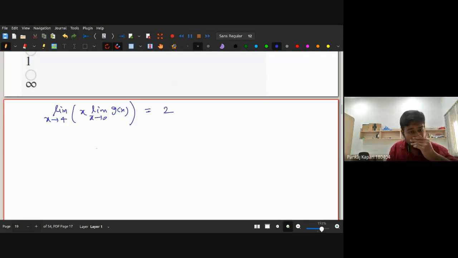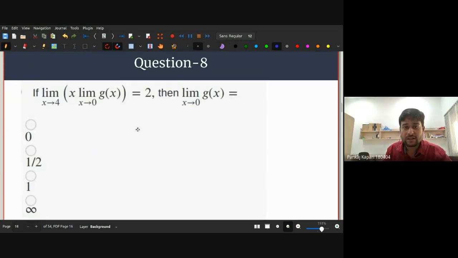Now notice that it asks what is the limit of g(x) when x goes to 0. So we are asked this limit.